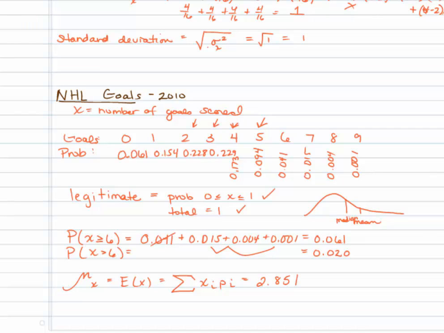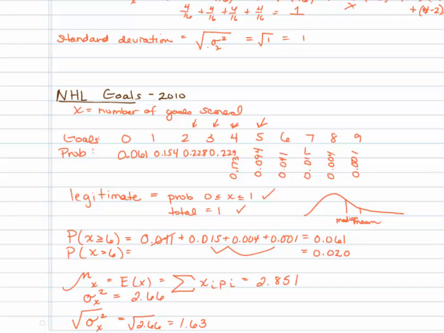And then take a minute and calculate the variance and the standard deviation. I'm getting the variance to be 2.66 and the standard deviation to be around 1.63.